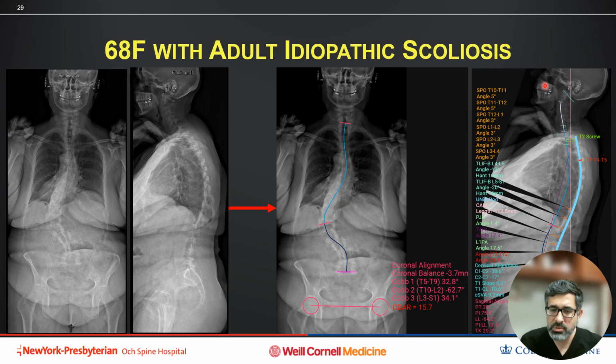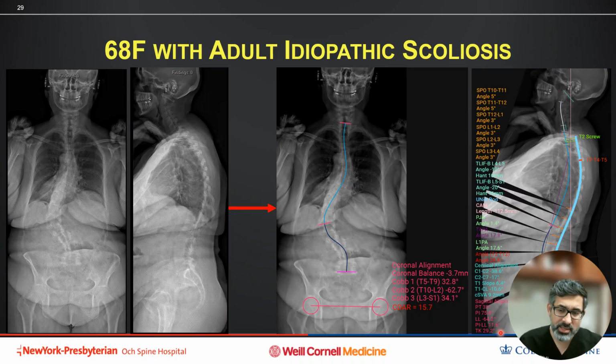So the planning is mostly done in the sagittal plane, and you can see how we are planning pretty much every part of the surgery. We're planning where we're doing the osteotomies, we're planning the T-lifts and how much lordosis you're going to get at every single level, and we're also planning the overall alignment and global alignment. So those are all the numbers you're seeing on the side here to really get to the alignment that we want to achieve.